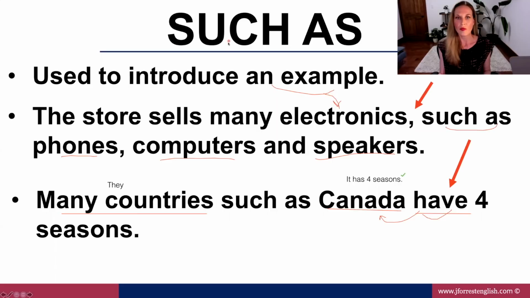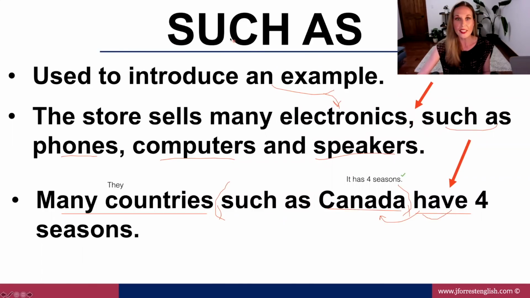Now, this might confuse you because I didn't put any commas here. But you can imagine all of this information is considered separate, because when information is in commas, it's considered optional. You could just get rid of it, right? Like look at our example above. The store sells many electronics.